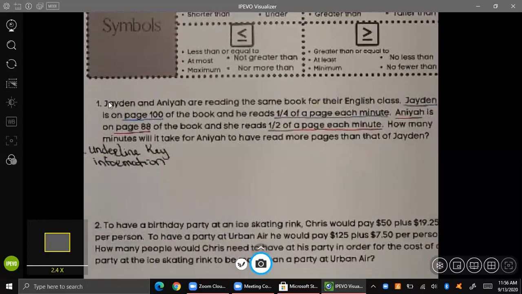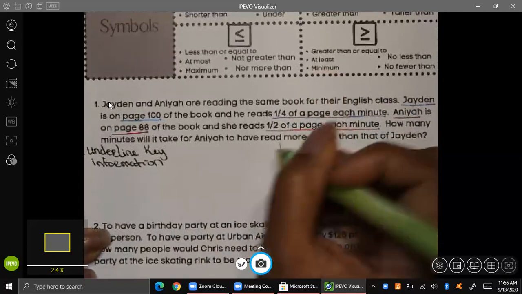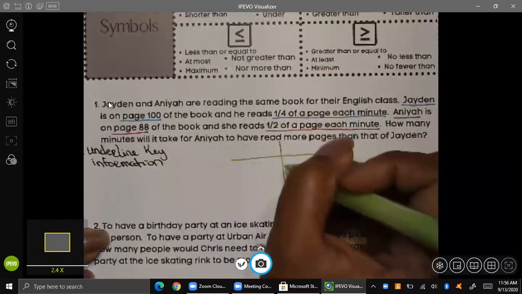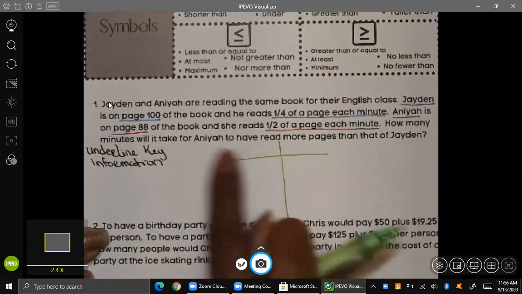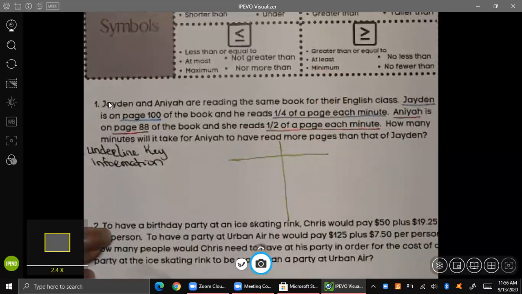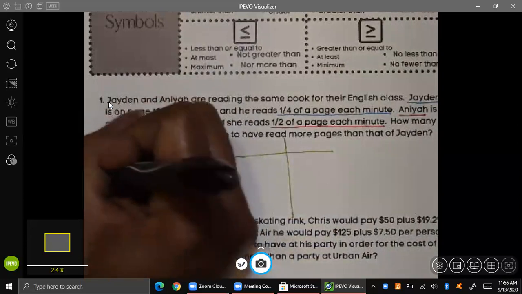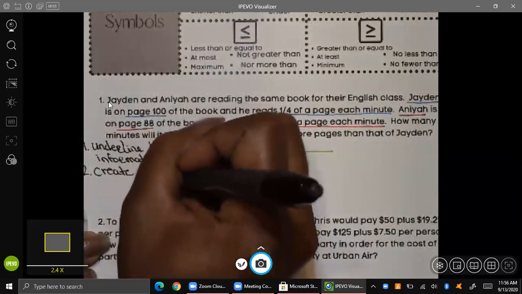A T-chart has two different sides for information. And we have more room at the bottom so we can add information up under it. And the top is going to be used as our labels. So step two is to create your T-chart.